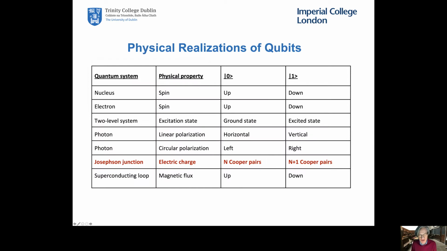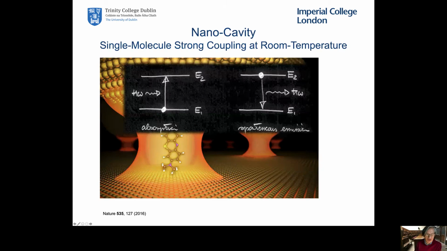Because you think that this so-called Josephson junction, where the electric charge and these Cooper pairs were being used, there's an opportunity that can build on this different geometry that I indicated before. Because if you look, for example, here at this two-level system, you can see that you can now have light and matter interacting together.